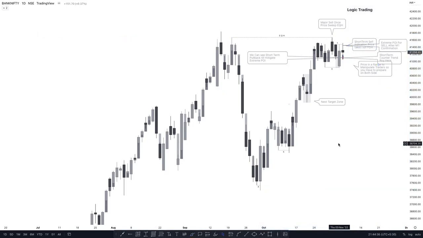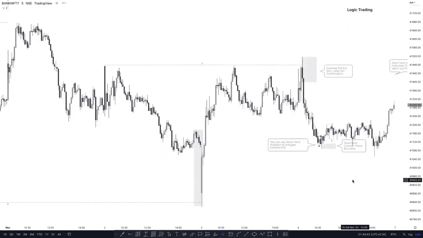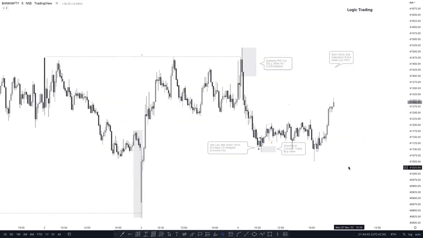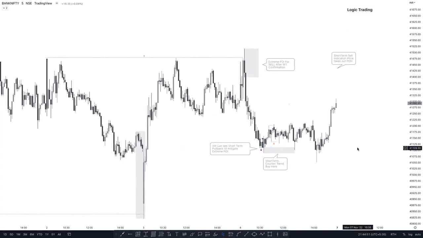And if you switch into 5 minute to see exactly what is happening here, as I marked here, right. So this is the current scenario here. If price taps here, then definitely we are looking for sell if market gives any reaction at this point, because these candlesticks have taken out the previous 2-3 highest liquidity, right?